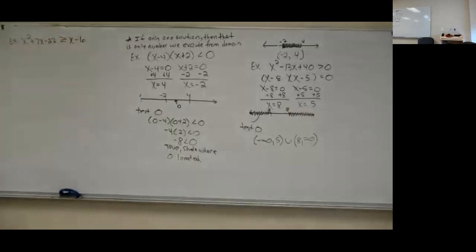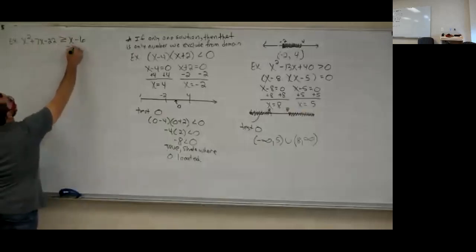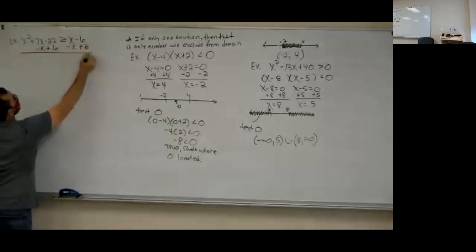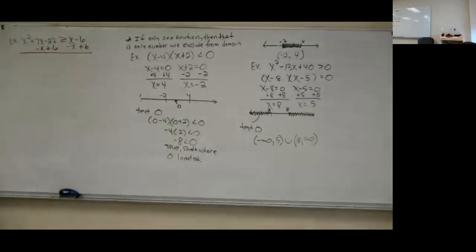So this one, they made me do a little bit more work because I can't do anything while the x minus 6 is on the right side. We need to get a 0 over there. So to get a 0, we're going to subtract an x from both sides, and we're going to add a 6 to both sides. Okay, so I'm just sliding it to the other side. Let's see what we get.